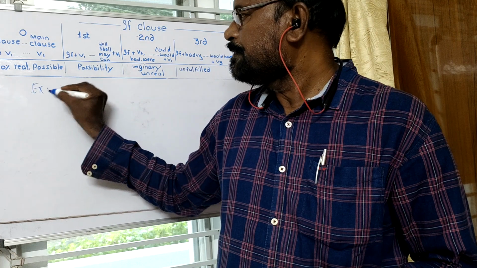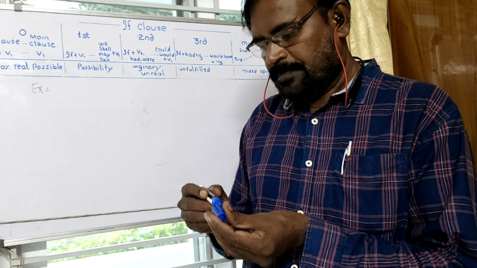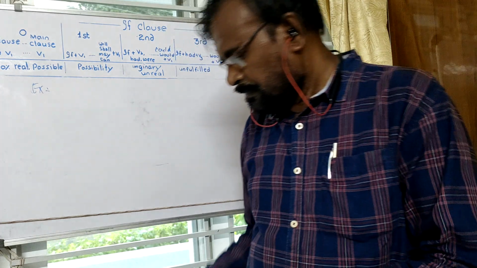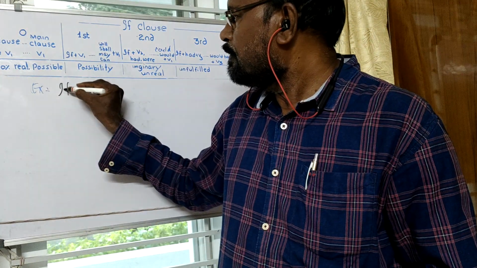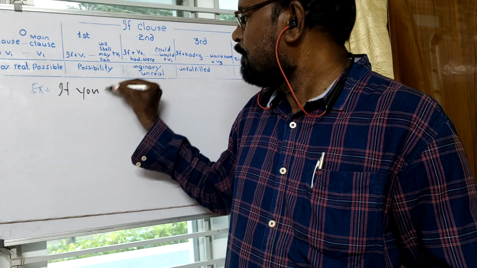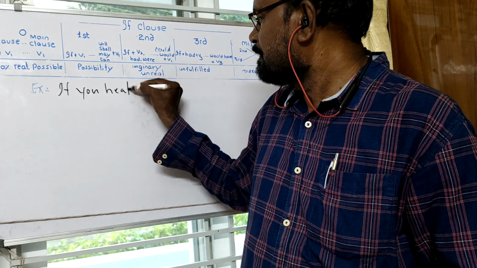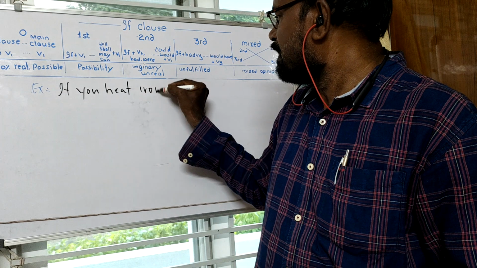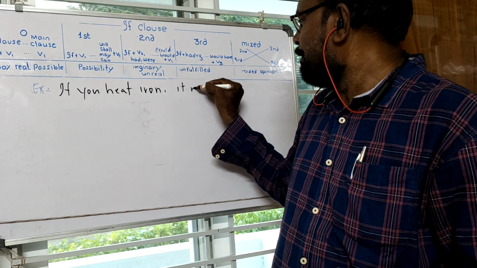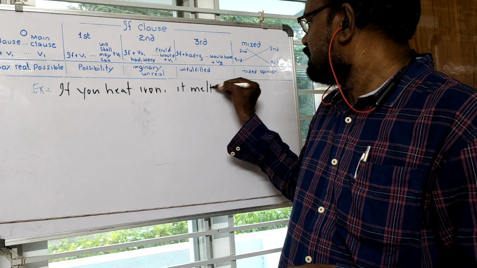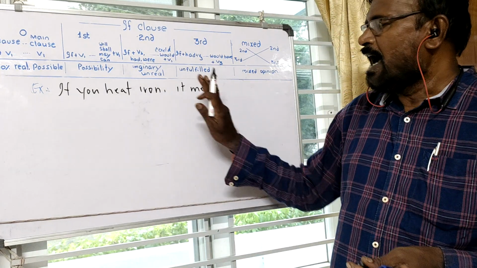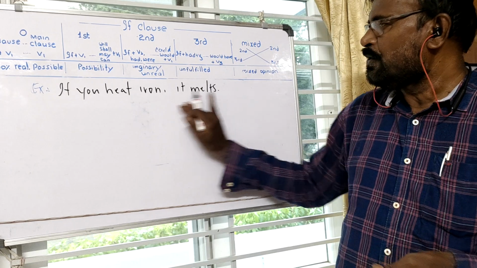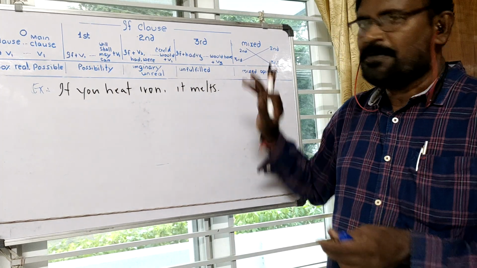Example: if you heat iron, it melts. It is a sentence and it has been divided into two major parts.